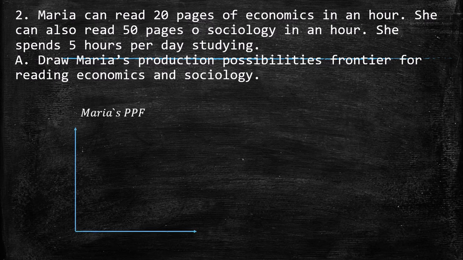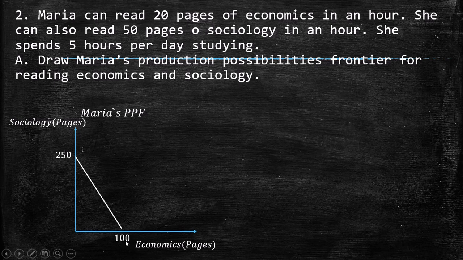So we have first here Maria's production possibilities frontier. In the y-axis we have sociology measured in pages, and we have economics which is measured in pages as well. This is the maximum quantity that she can read in 5 hours. So if she devotes 5 hours just reading economics, she can read 100 pages.